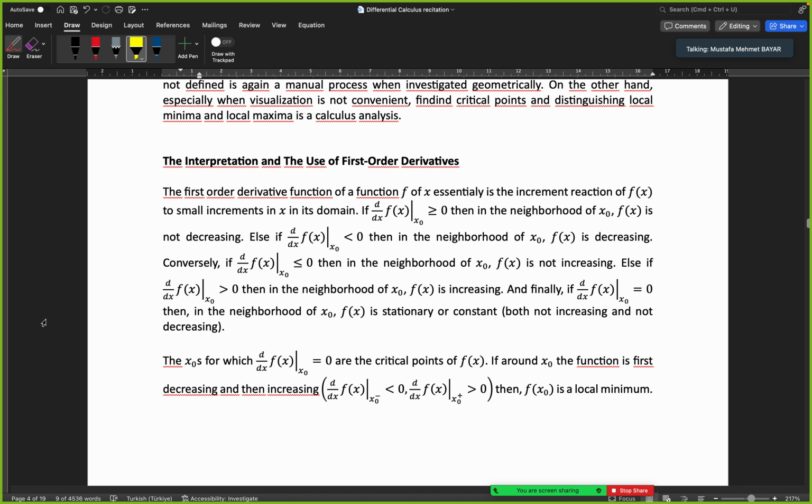If the first order derivative is exactly zero, then the function is constant or stationary around that point.